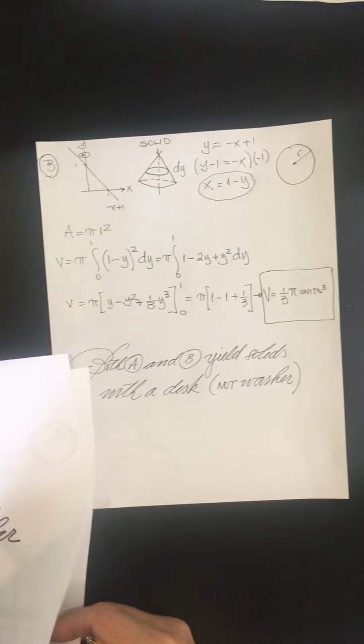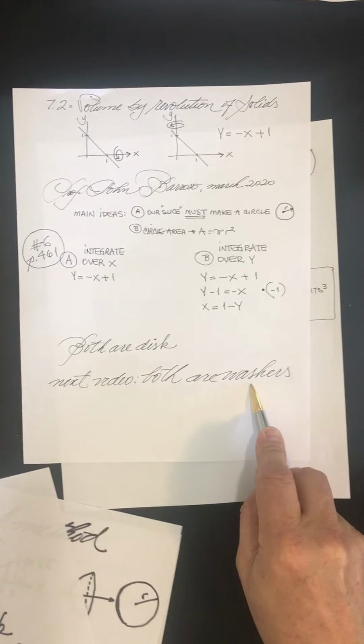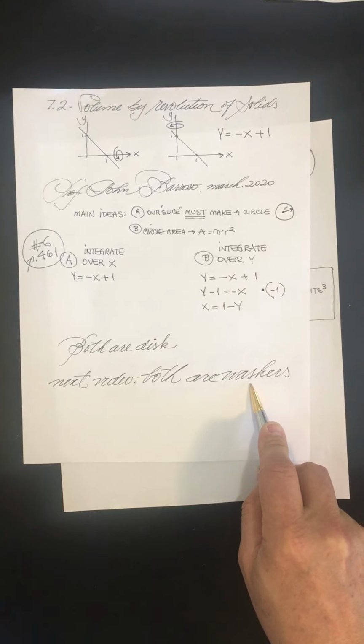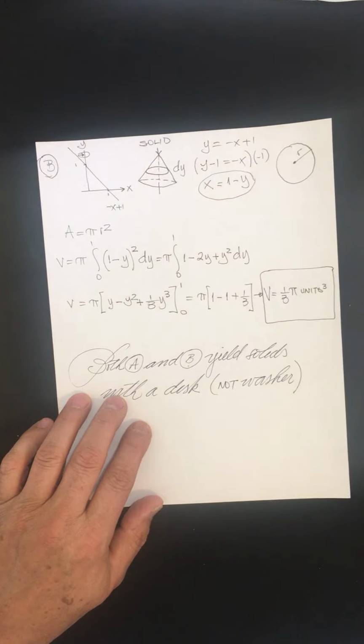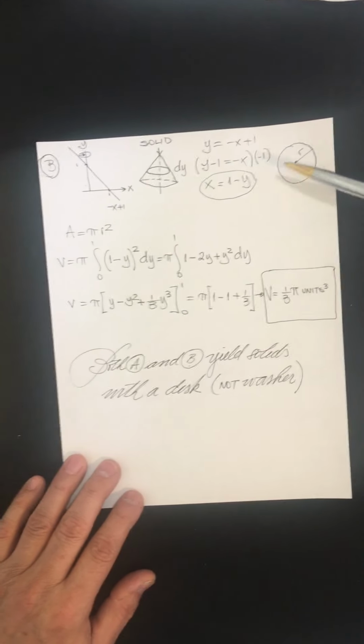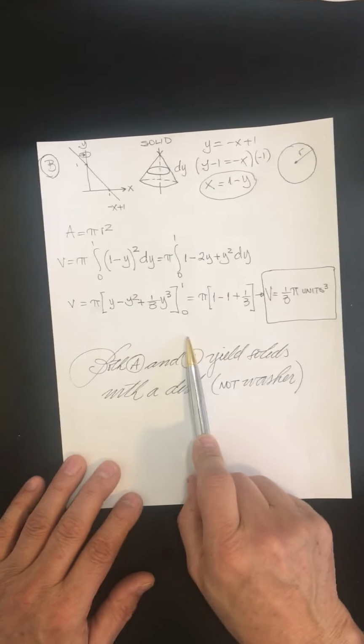So, back again, make sure you review these videos, go to your book, and solve or work on problems 1 to 36. The next video is going to be both washers. The only thing that could stop you from doing these integrations is the algebra, because if you can't expand the binomial, you can't solve this.